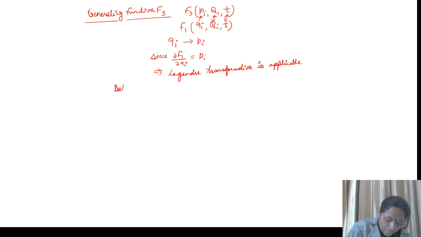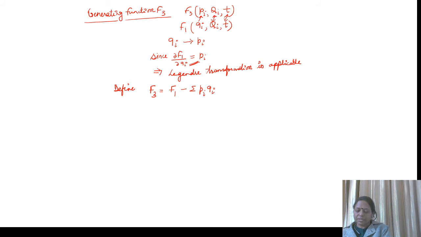So हम define करेंगे function f3 with the help of f1 and with the combination of these two, minus sigma pi qi. So in this way f3 is defined, right? And this f3 will provide you a different type of Maxwell relation in the same way as I have defined in the previous part. Because from here you may define f1, it is f3 plus sigma pi qi.